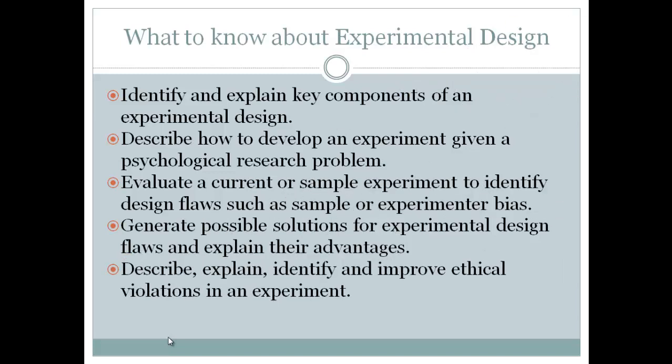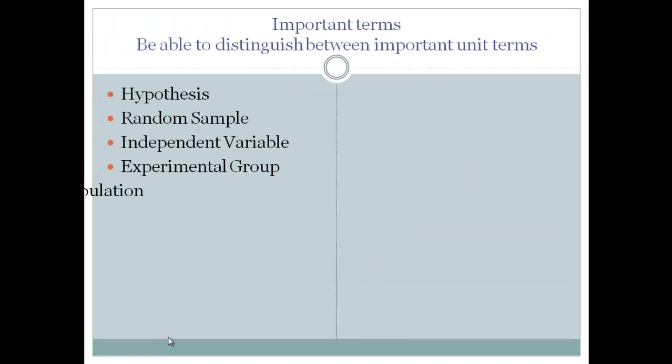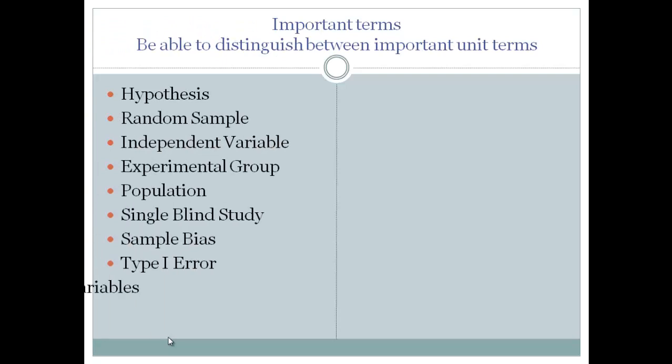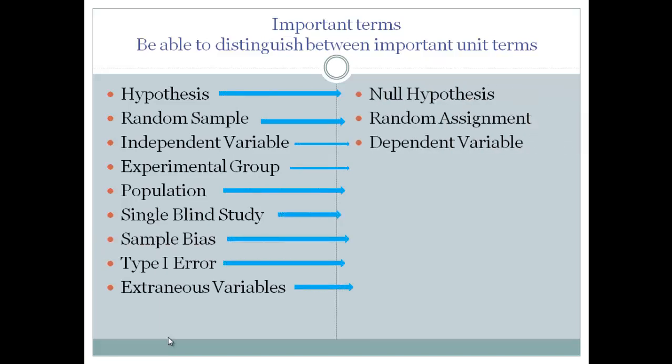And certainly you're going to have to describe, explain, and be able to identify key ethical violations in an experiment, because we've already spoken about ethics. Now, there are a lot of terms in this unit that you're going to have to know. You probably know some of them already, but be aware that you have to be able to distinguish between some of these confusing term pairs.